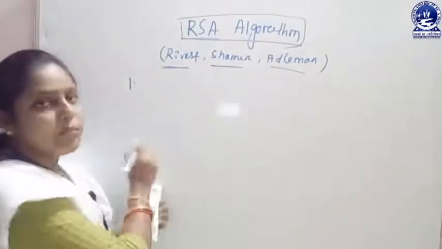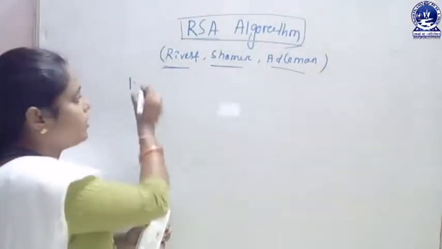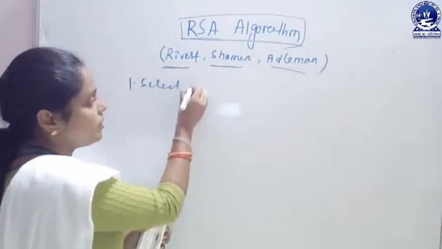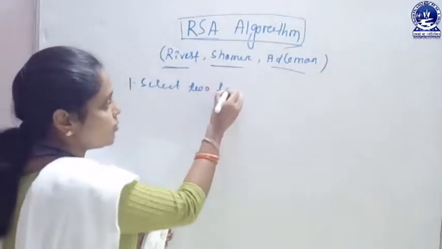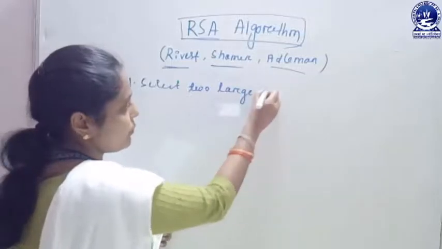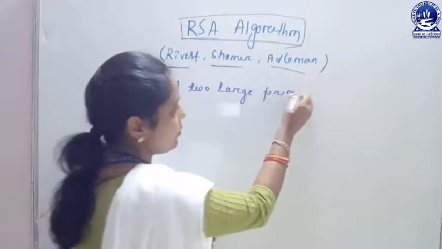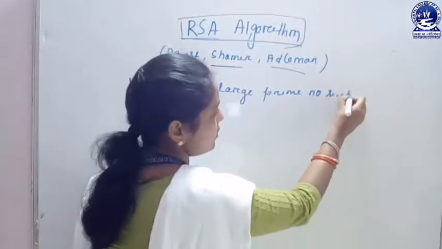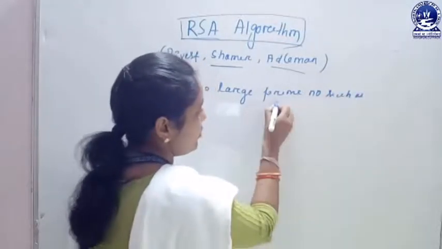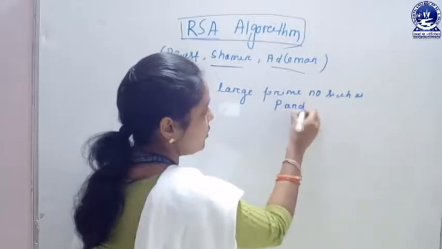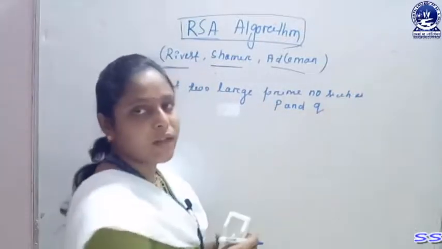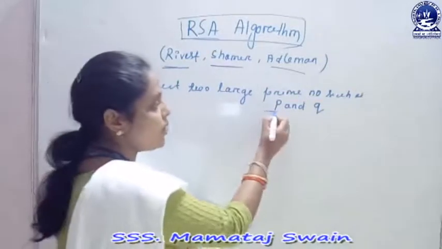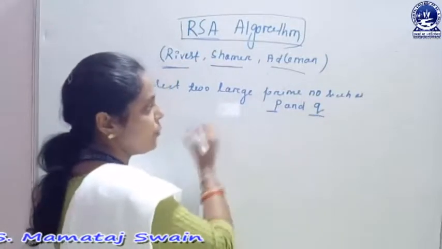In step 1, select two large prime numbers, such as P and Q.